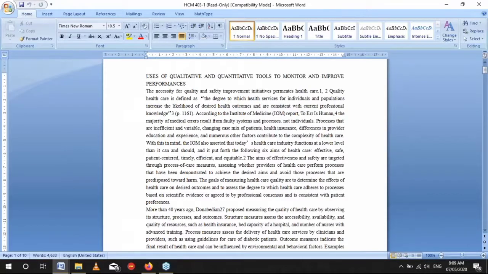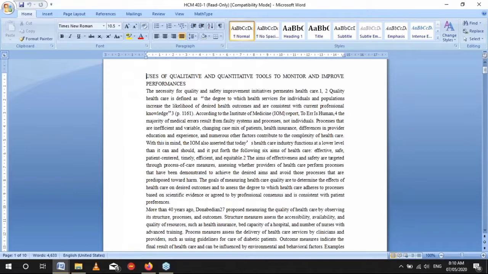Number two, you have to establish local variations where necessary. Number three, you must ensure that all process variations are visible.